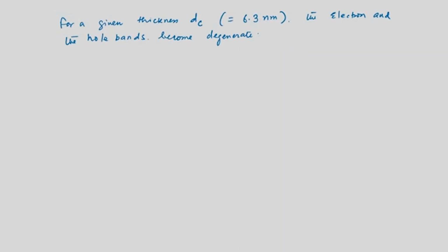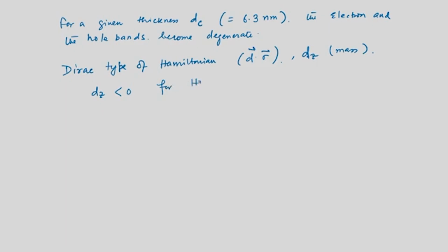So that tells you that if you think in terms of a Dirac type of Hamiltonian, this is like d dot sigma, then dz, which is the mass term, is less than 0 for HgTe, which means it's negative, that's why the inverted band structure comes, and dz is greater than 0 for CdTe.